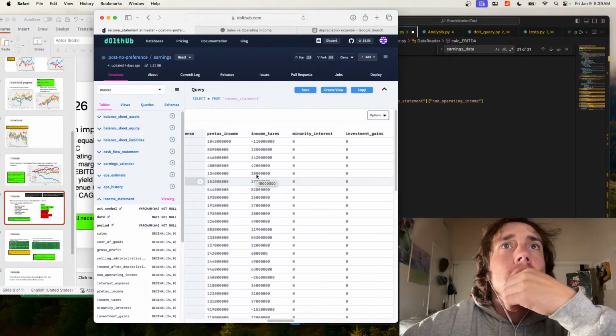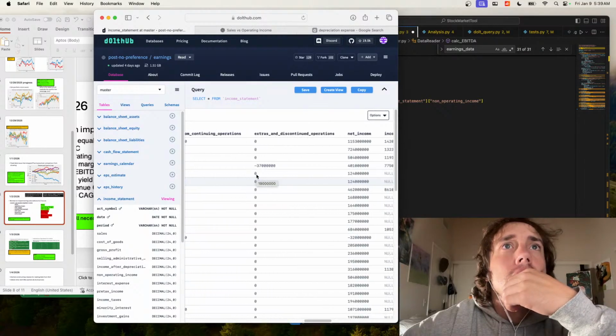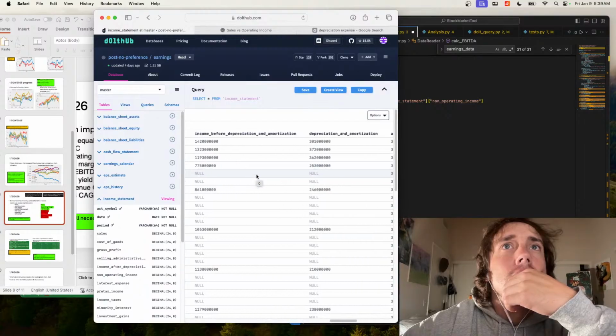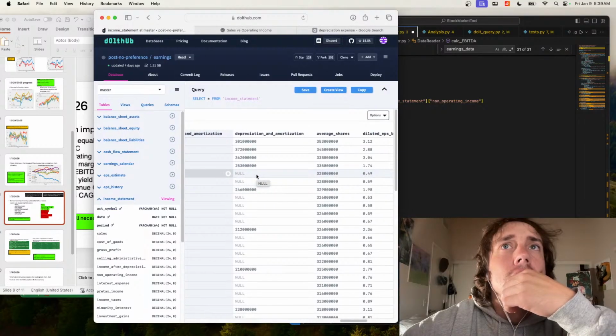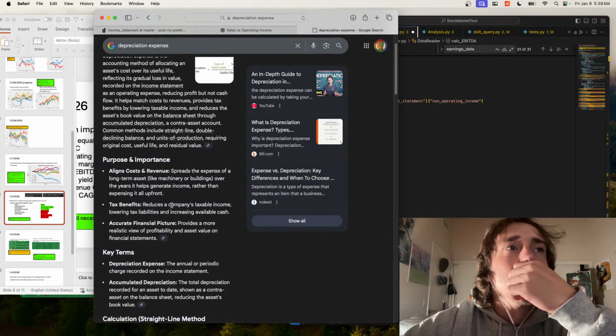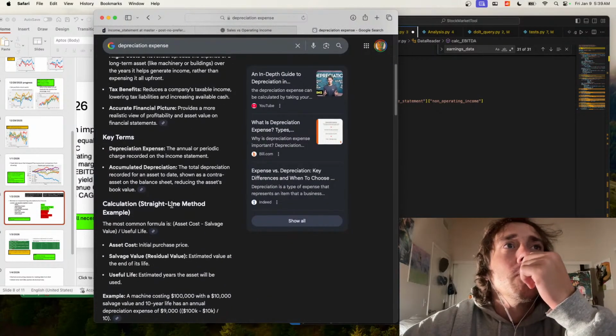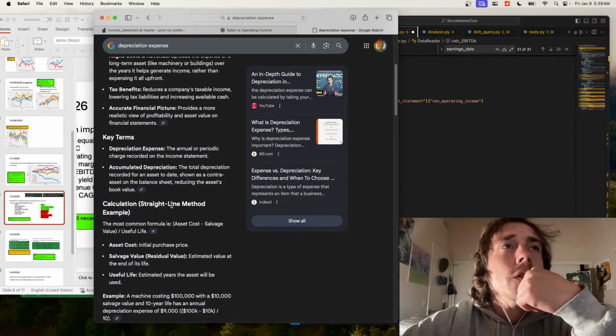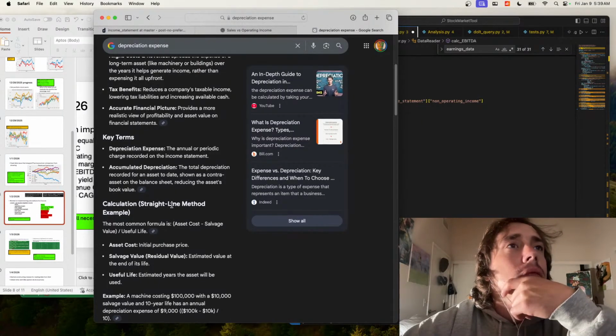Interest expense. The annual charge recorded on the income statement.